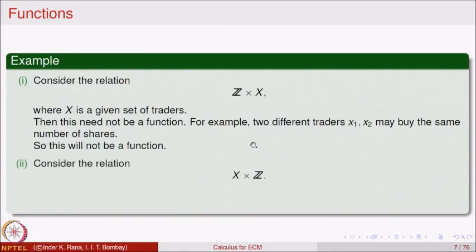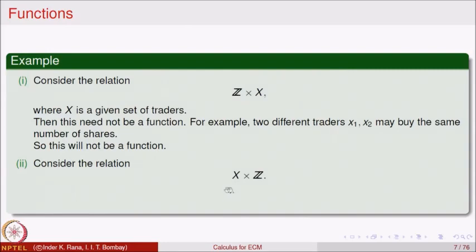But let us just change, look at X cross Z. So, what does that mean? Now, here X is the traders and Z is the number of shares they buy. So, each trader either buys some shares, so that will be some positive number, or does not do anything, no activity, the number will be 0, or he sells something, so his number will be minus n.